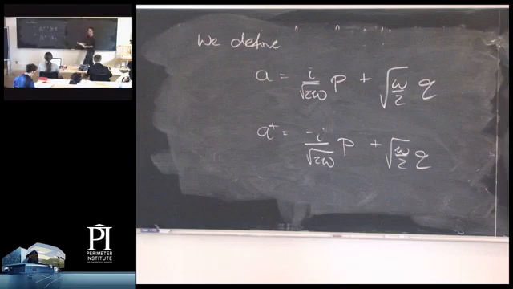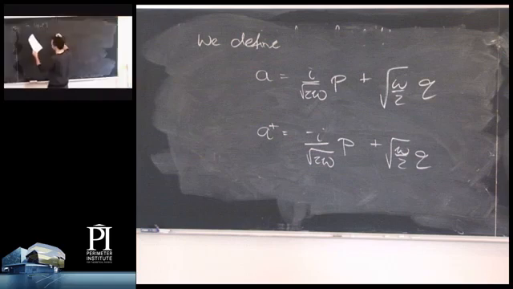Okay, nice and familiar. If we work out the commutation relations, substitute in these expressions, use the fact that P's commute with P's and Q's commute with Q's, and P and Q commute to give i, we find that these have the following commutation relations.